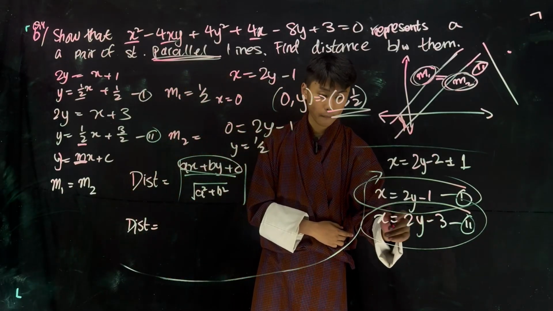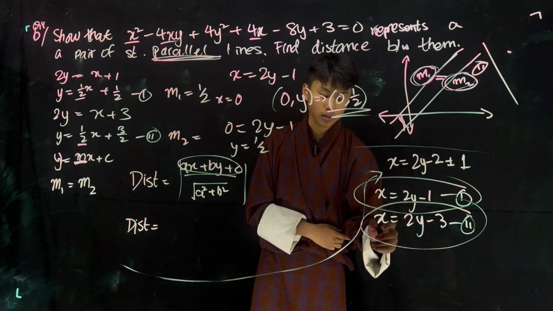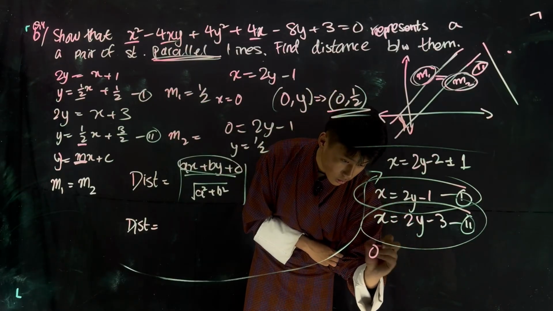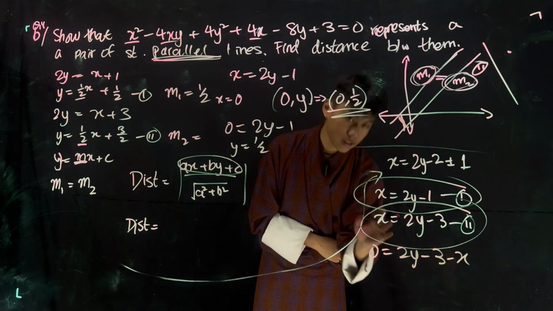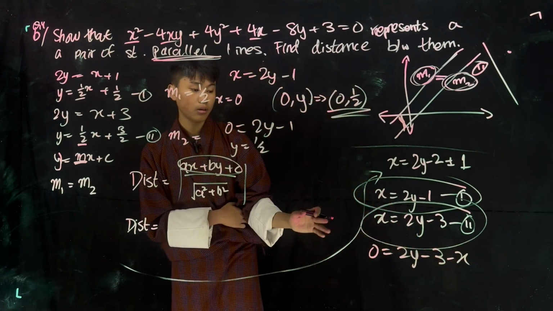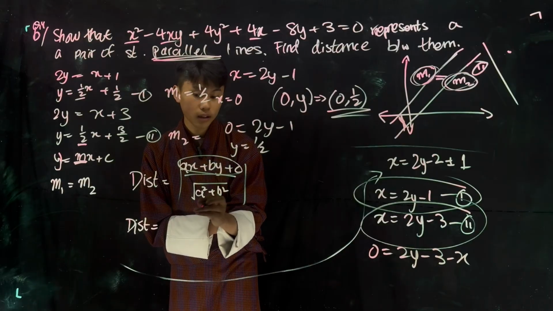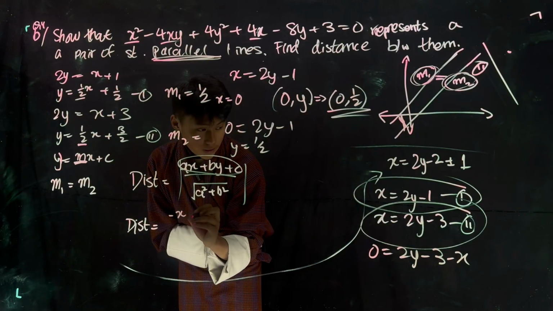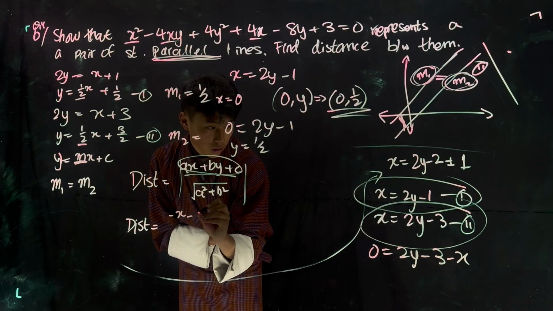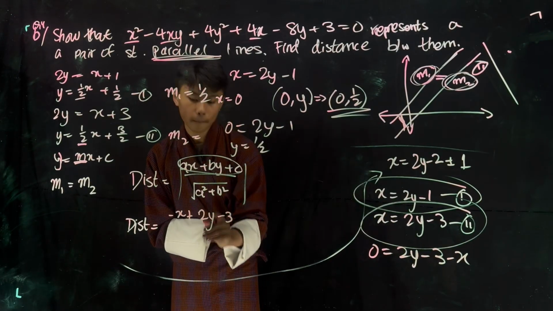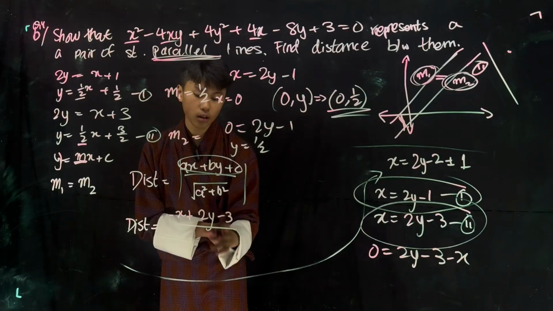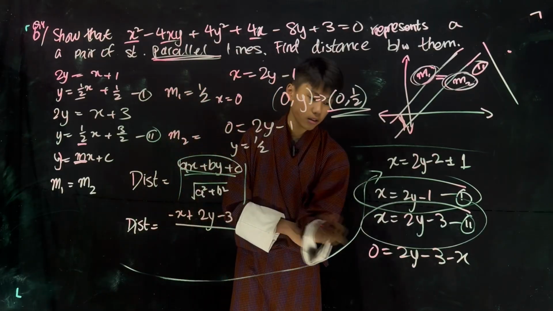Okay, so x minus 2y minus 3, we can take it like this in the standard form. So negative x plus 2y minus 3. Okay, divided by, what is the value of a here?